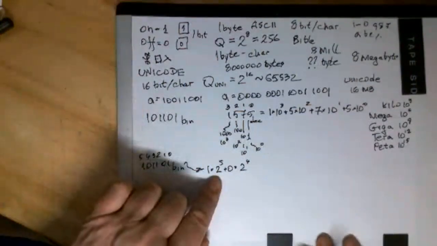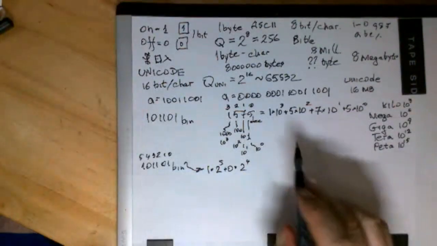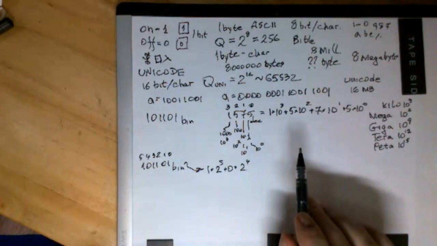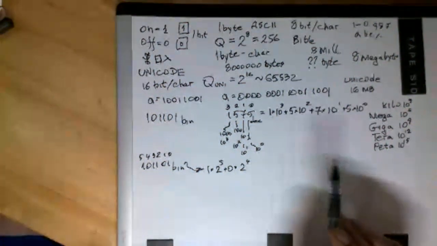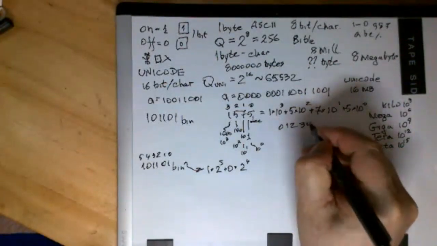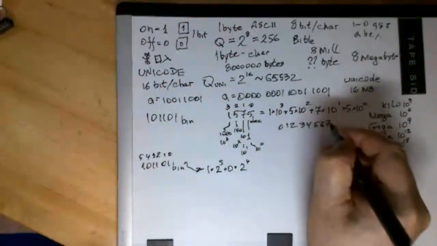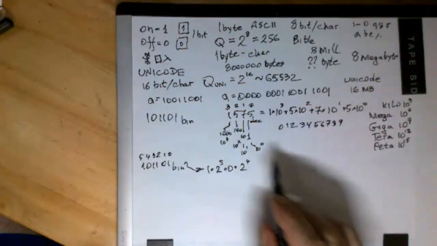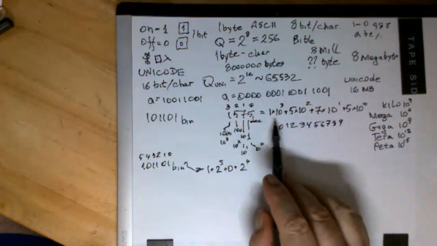You may wonder why this is a 2, because in the decimal system we have 10 digits. 10 digits, folks. 10 digits is from 0 to 9: 0, 1, 2, 3, 4, 5, 6, 7, 8, 9. Totally 10. So I put 10 here.